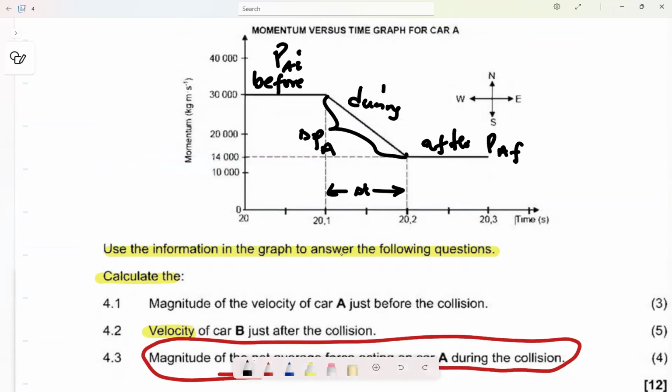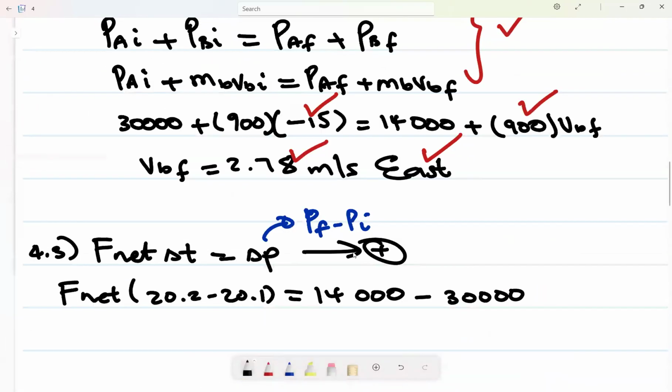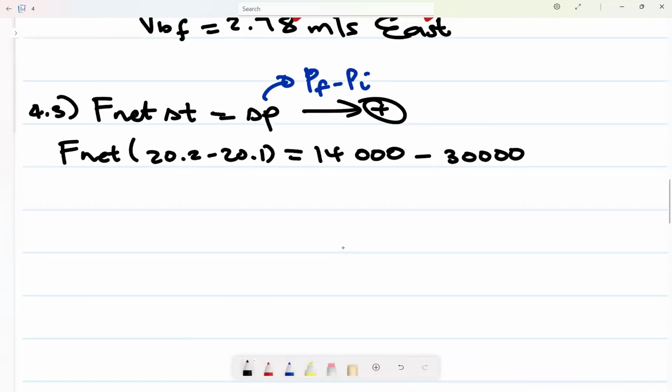Because if car A is moving towards the east, and car B is moving towards the west, car B will exert a force on A that causes A to try to move towards the west. So A will experience a force in the westerly direction. But now we choose east as positive, so the answer that I should get should be negative, but I will convert it.